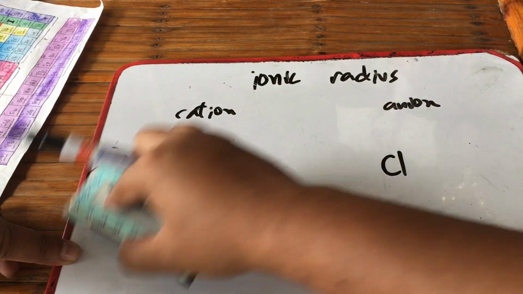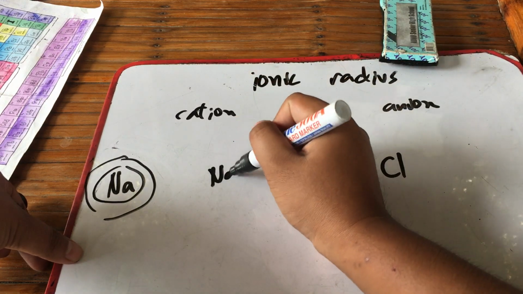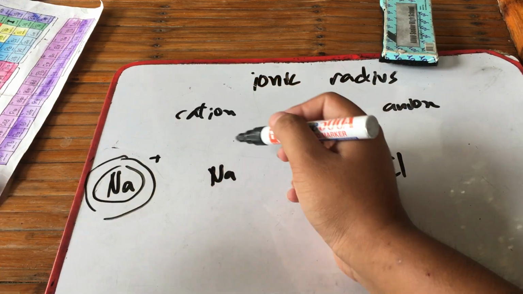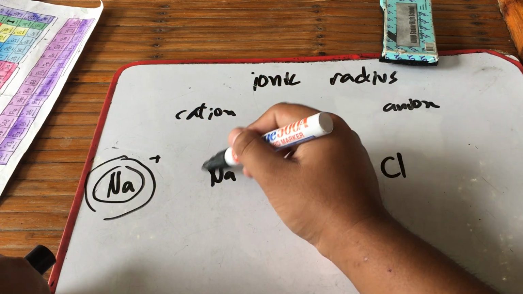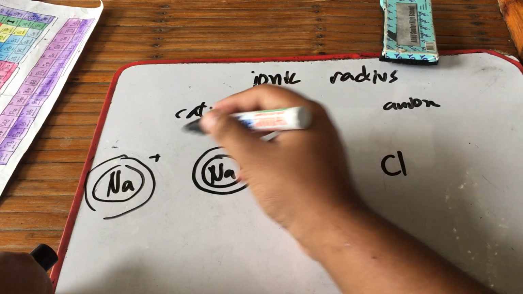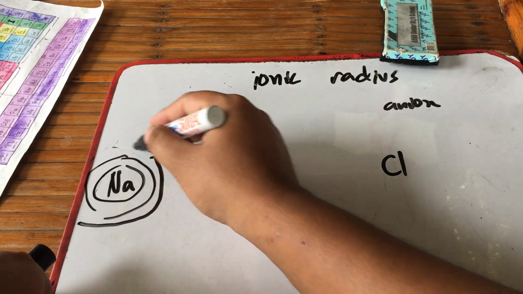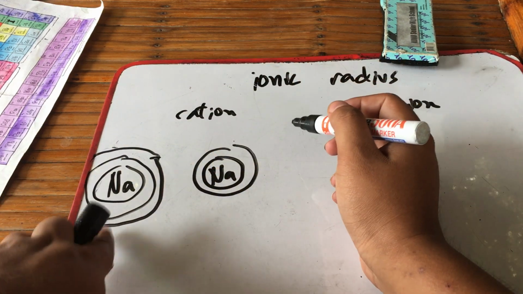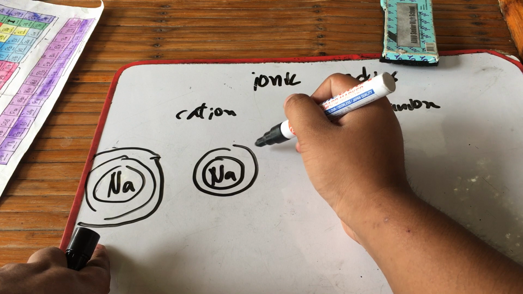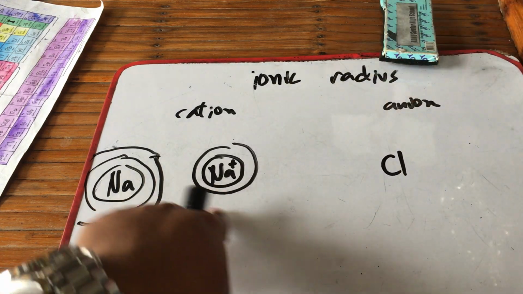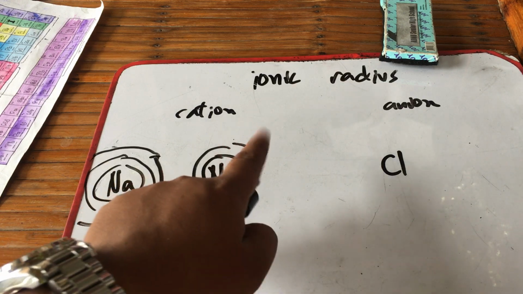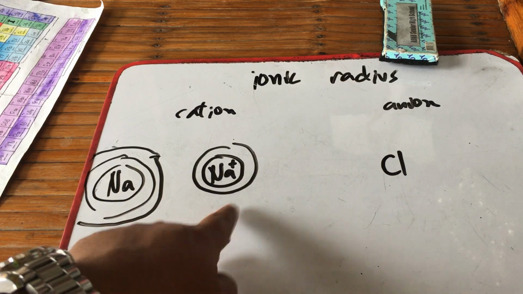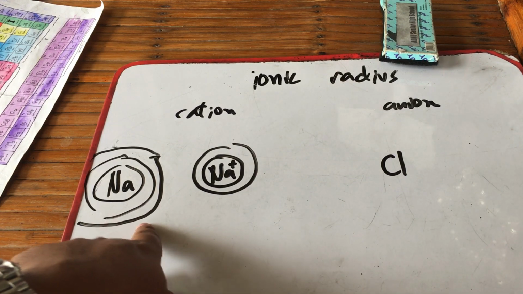So what happened to my cation? This now becomes my cation. My cation becomes smaller as compared to my normal atom or neutral atom. So ito na lang tuloy yung neutral atom. Ito na ang aking cation. So removing an electron makes my ion smaller as compared to the neutral atom.